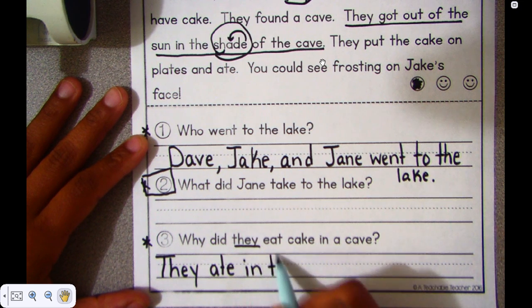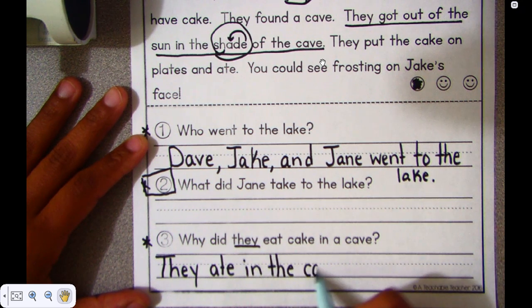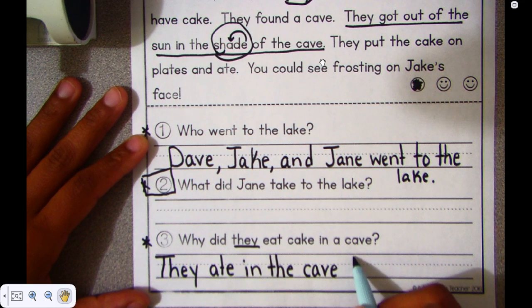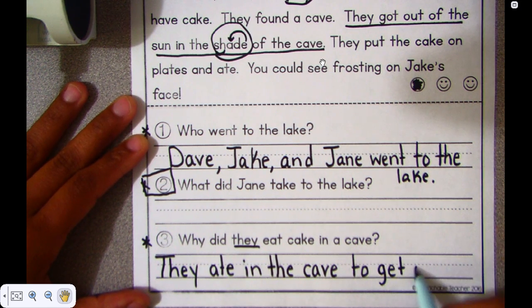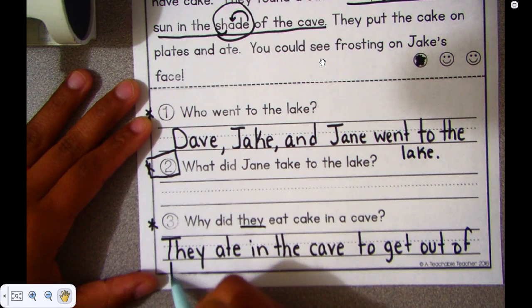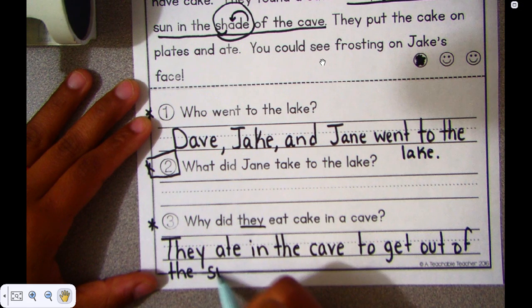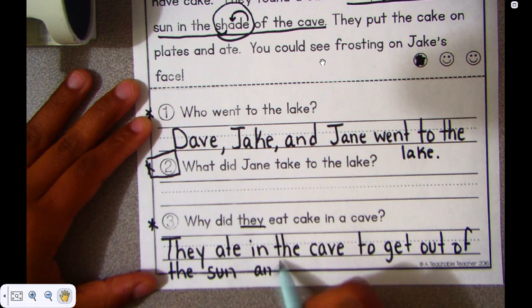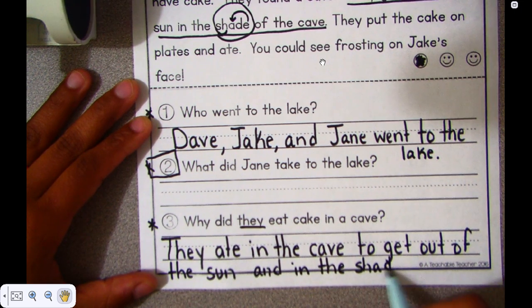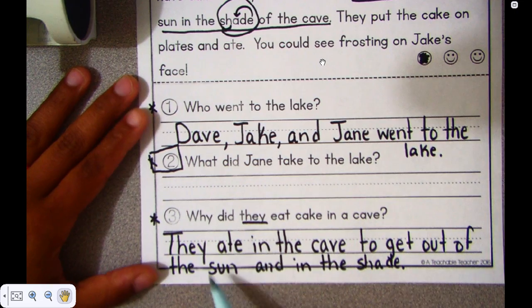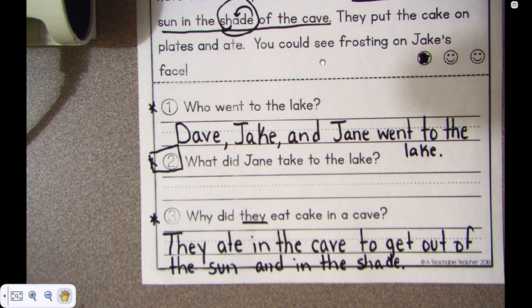Ate in the cave to get out of the sun and in the shade. Period. They ate in the cave to get out of the sun and in the shade.